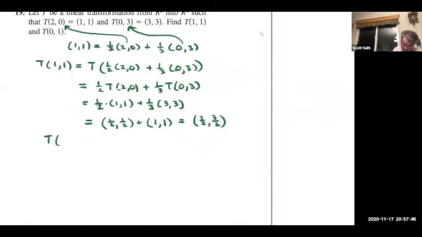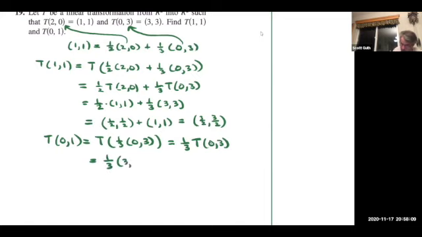T of 0, 1 is t of a third times 0, 3. And we know about 0, 3 up above. So this is 1/3 t of 0, 3, which is 1/3, and t of 0, 3 is 3, 3. So this is just going to be 1, 1.